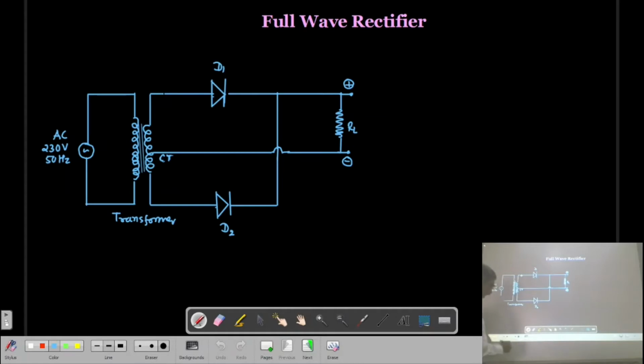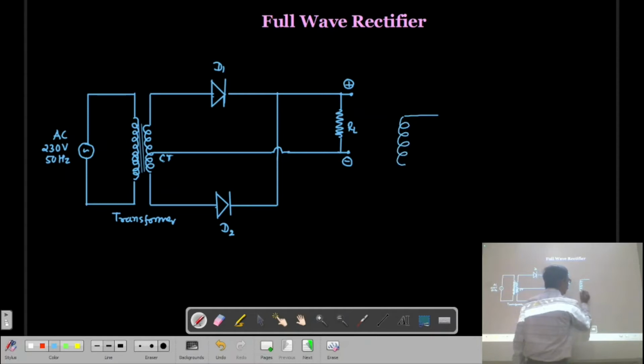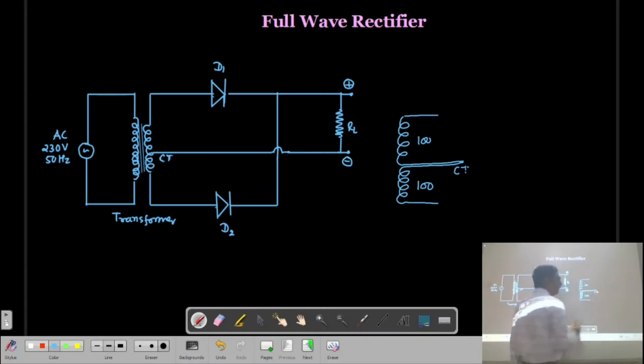If the secondary is wound with 100 turns, then from the same copper wire another coil is wound for 100 turns. This point is common for both coils, and therefore it is known as a center tap.